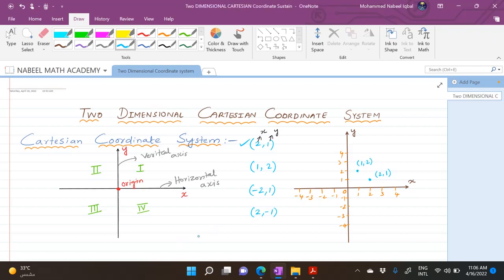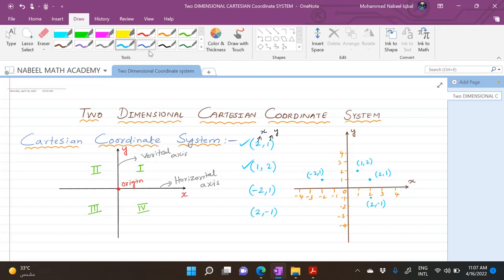The next one has x value negative 2 and y value 1. So this is my (-2, 1). And here we will have (2, -1): x value is 2, y value is -1. So this is the plotting of points.